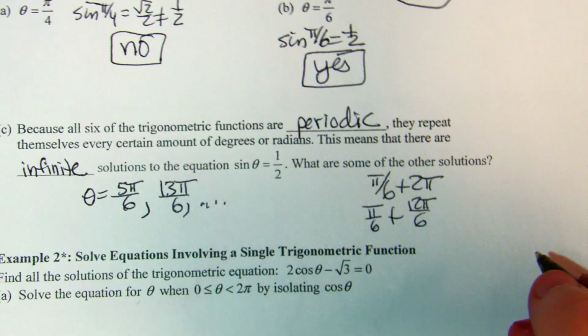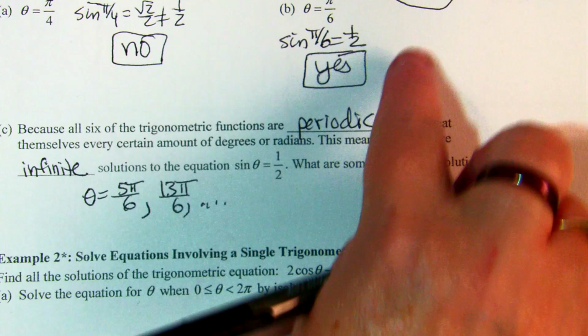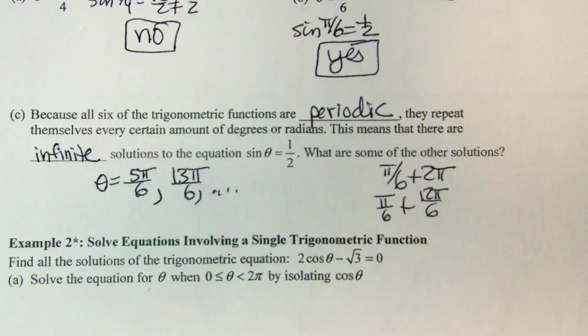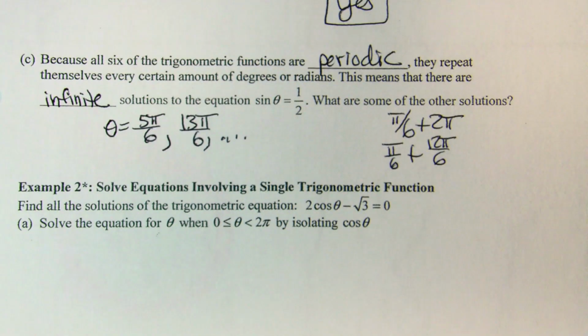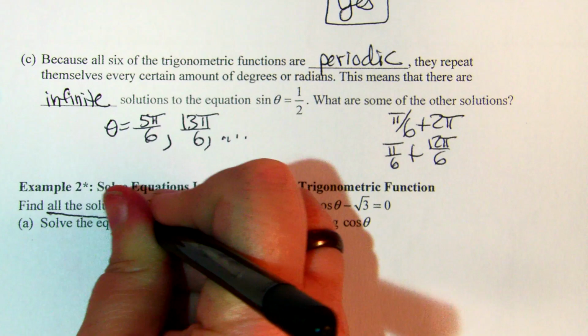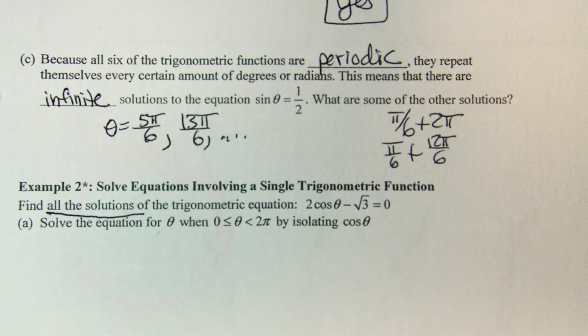So keep adding 2 pi to pi over 6 and to 5 pi over 6, and you'll keep getting answers or solutions to the equation. Find all the solutions. So you have to ask yourself, are they asking for the solutions between 0 and 2 pi? Or are they asking for all the solutions?